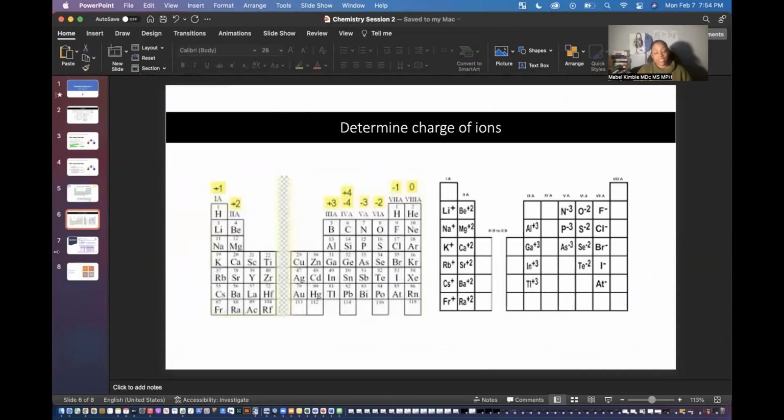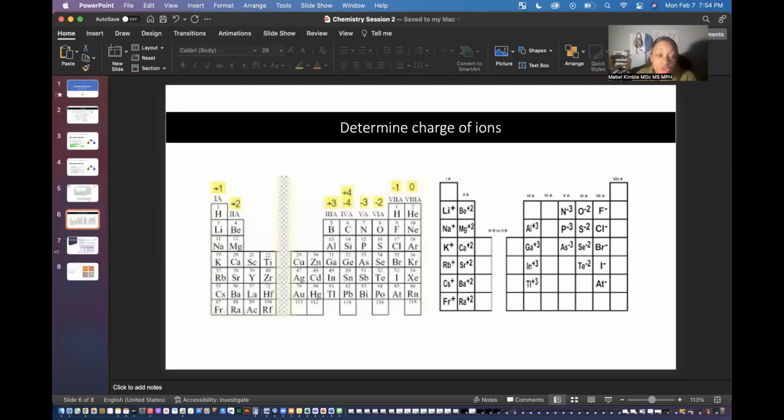When we're talking about determining the charge of something, you can almost make an assumption. If you are running out of time in an exam and you see anything from group 1, group 2, 3, 4, 5, and so on, these are the charges you will more likely see.